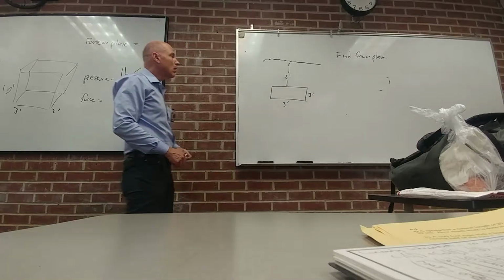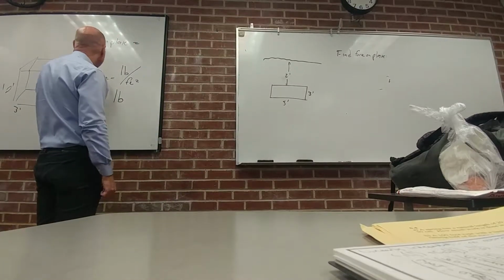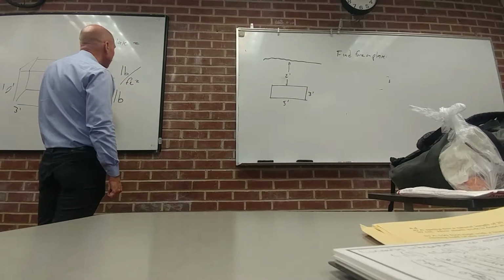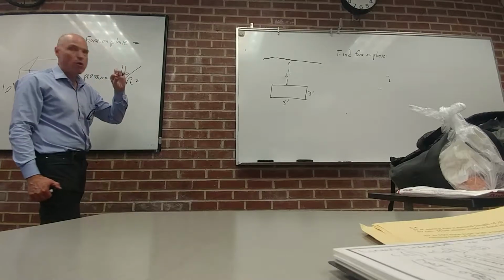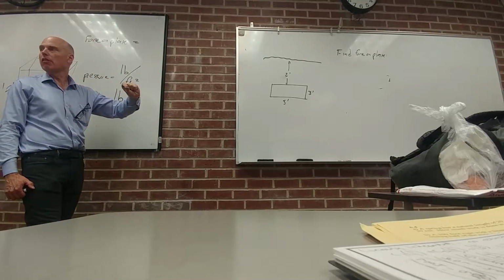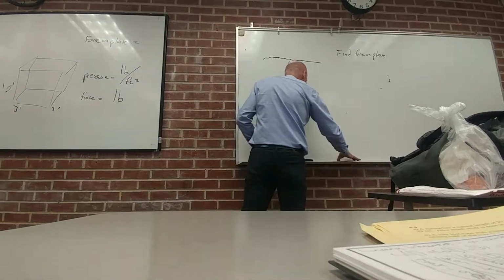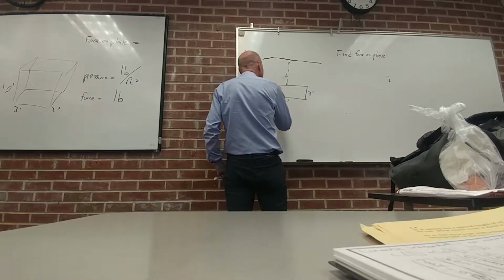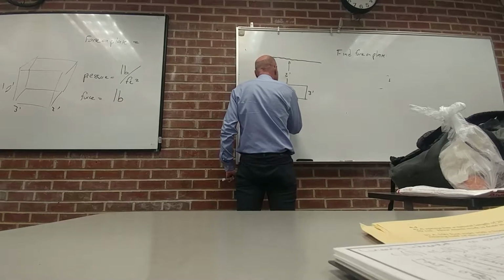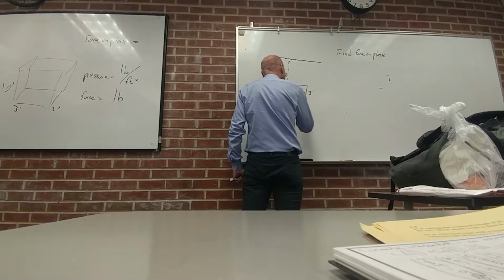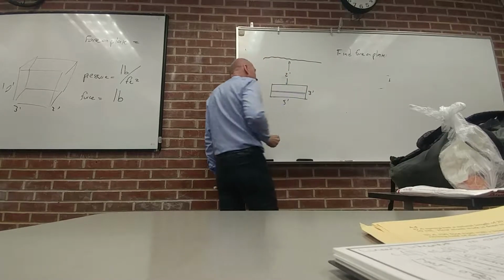What we're going to do is remember that pressure times area is force, and we're going to group together all the points that have the same pressure on them. The pressure depends on the depth. So our slices, we're going to take all of those together.